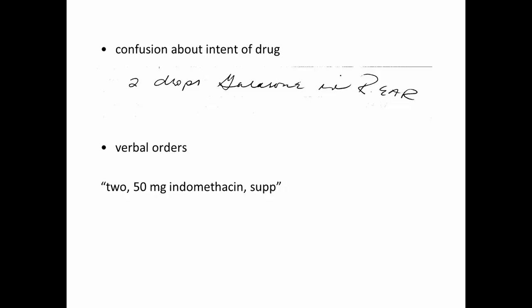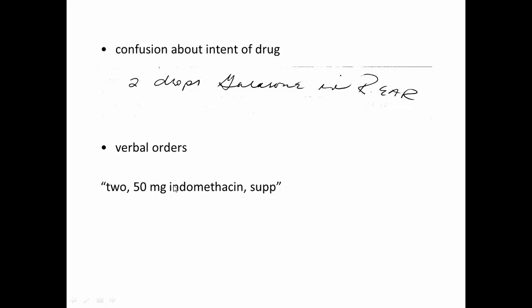And the last one is important as well, and that is verbal orders. These are orders that are given over the phone. As a rule, DSWs should not receive verbal orders. So somebody cannot phone you up and give you a medication order over the phone. It should be in writing for DSWs. Part of the reason is there's a protocol, and here's an example of where a medication error was made.